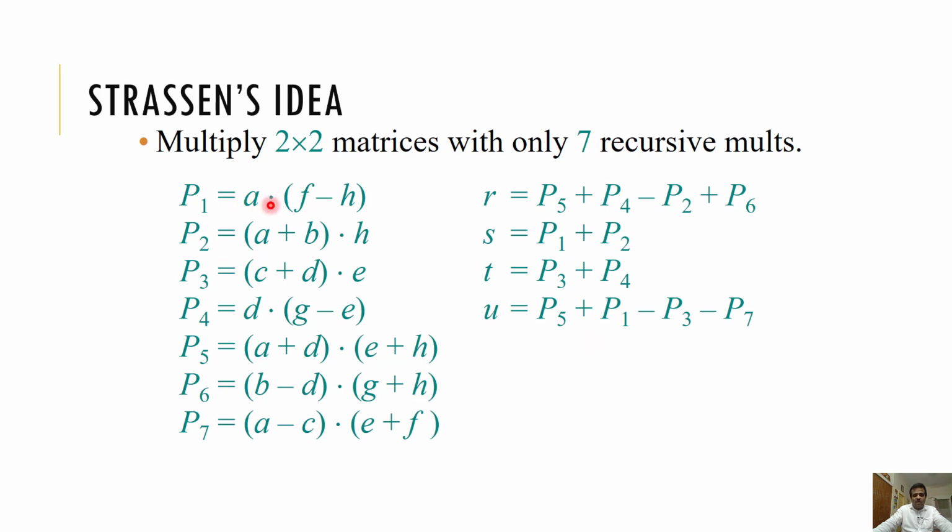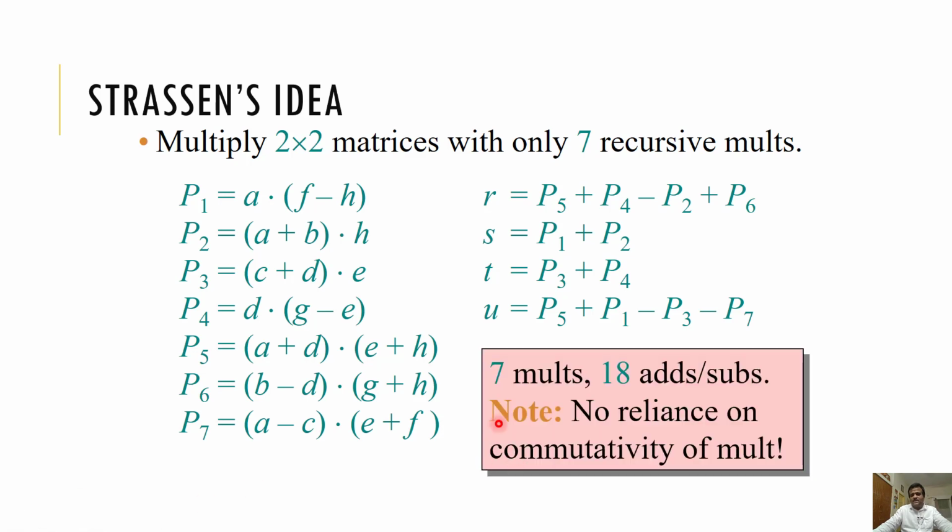How many multiplications are we doing? We are doing 7 multiplications, because there are 7 intermediate values, and with the cost of more additions, the subtraction is also addition, minus or plus, we are reducing the multiplications. That is the idea of Strassen.